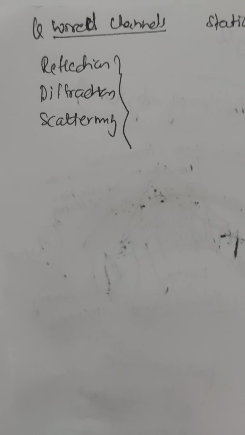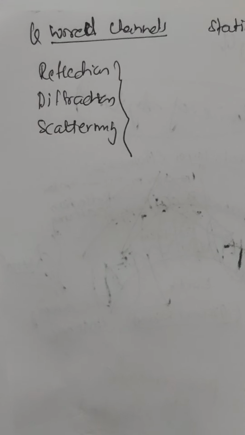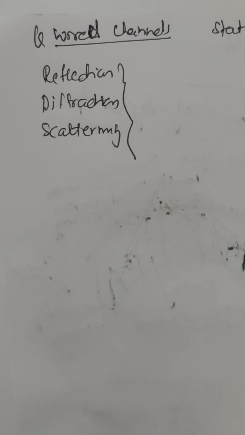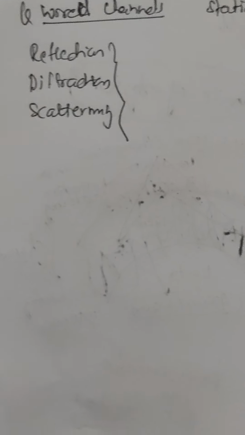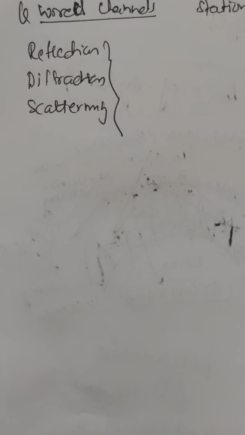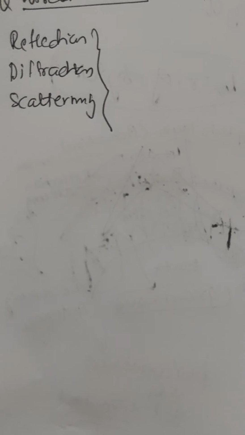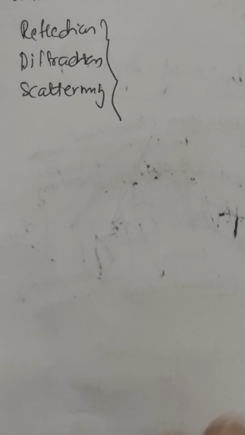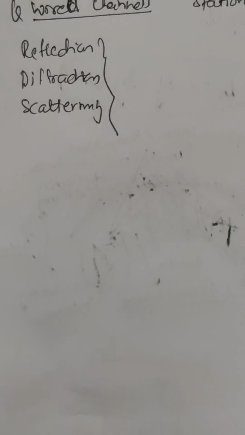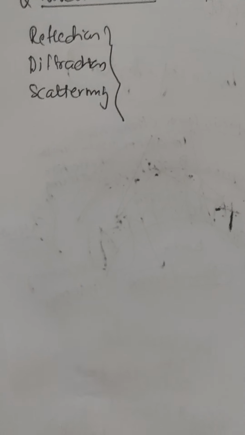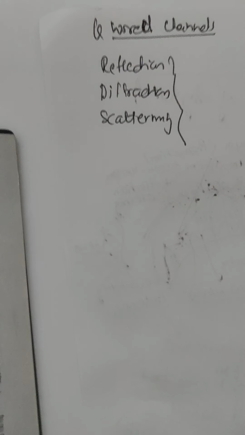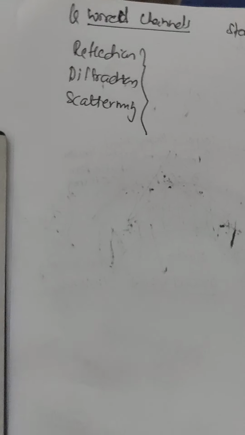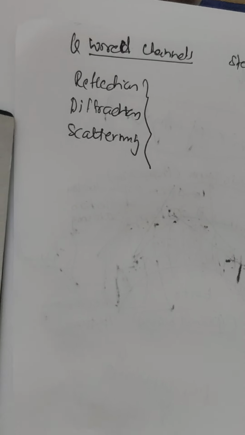Most cellular radio systems operate, we know, in urban areas where there is no direct line of sight between the transmitter and receiver, and where there are high-rise buildings, so the signals do not easily reach their destination.